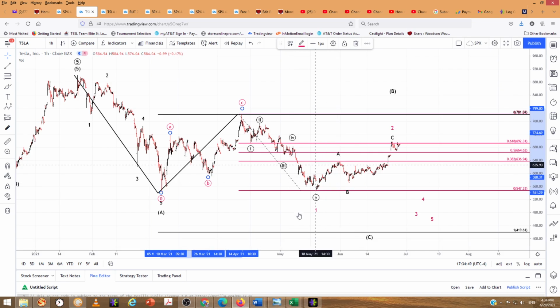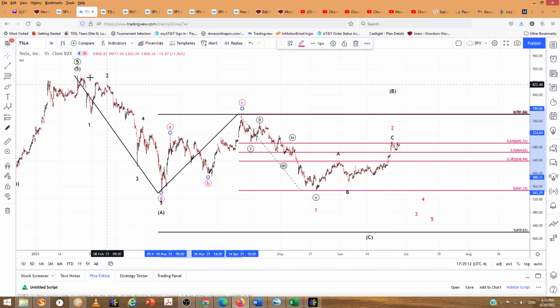Okay, so this move up here from this 5-wave decline, which is wave 1, we've got an A, B, and a C, and this is right on the 618. So that's those 2 factors, this 5 waves down and this 3 waves up, and this right at the 618, makes it look like this is 1 and this is 2. That's why it's our primary count.